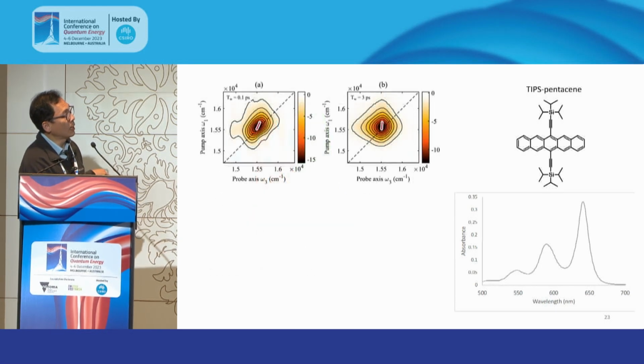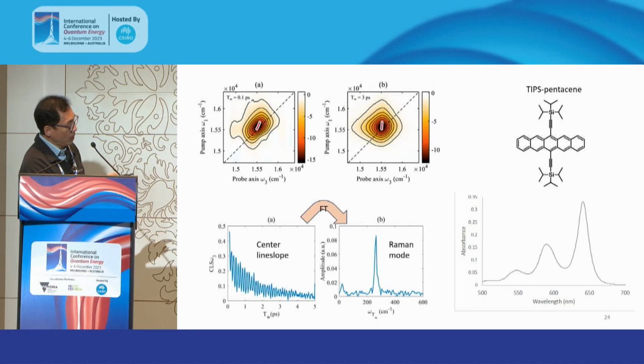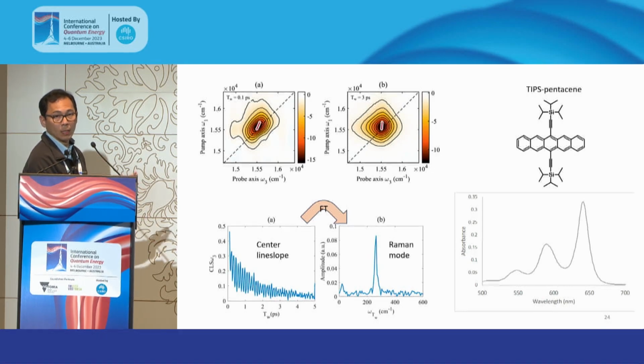In this particular example, we look at the spectrum, and there is a pretty substantial change in the shape of the peak. By analyzing the change in the slope of this peak, we're able to resolve all these oscillations. And then by Fourier transforming the oscillations, we obtain information about the coherent vibrational modes in the excitation.